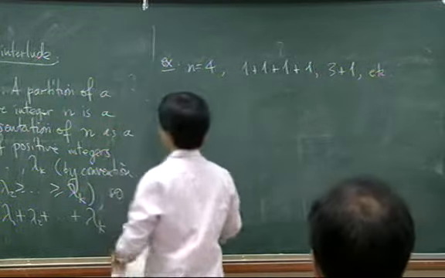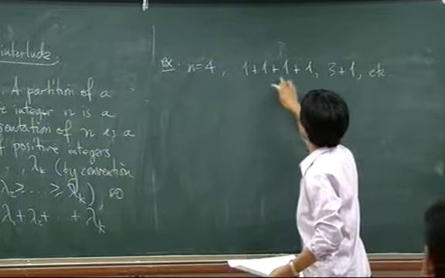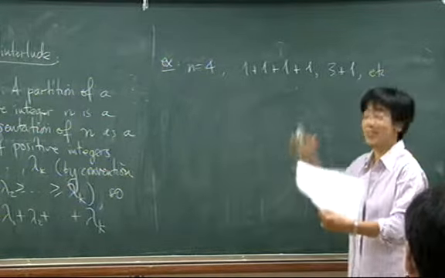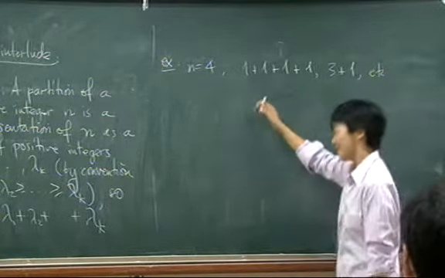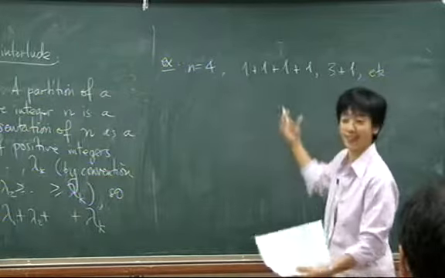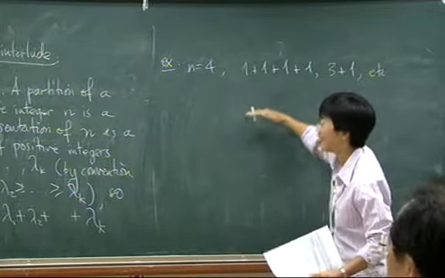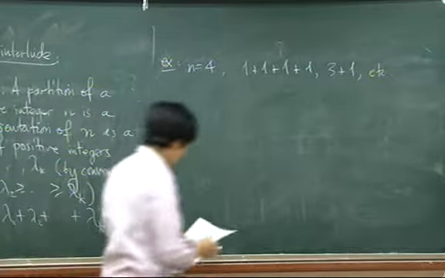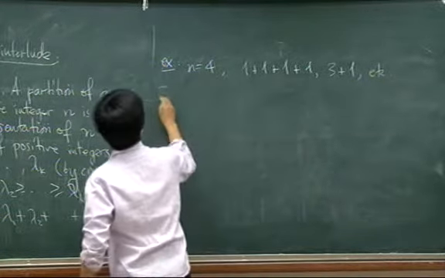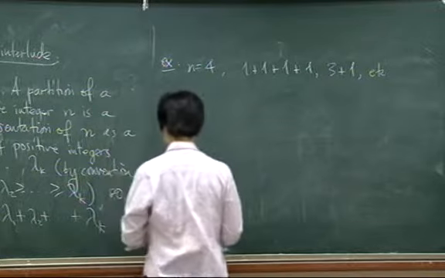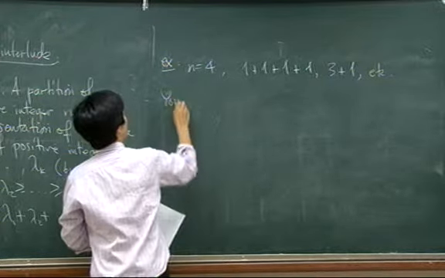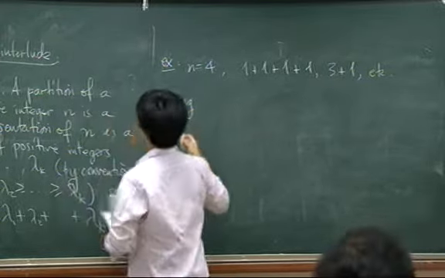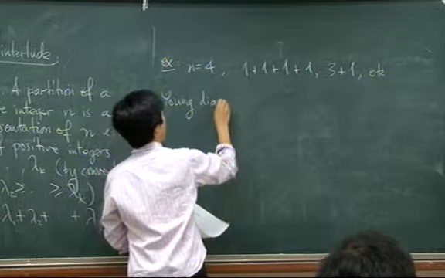The Young diagrams are nothing else than you take each of these numbers and list them in. If you have one, you have one box. If you have two, you have two boxes, and you put them in decreasing order like this. That's all it is. So again, the Young diagram is obtained by the obvious pictorial representation.